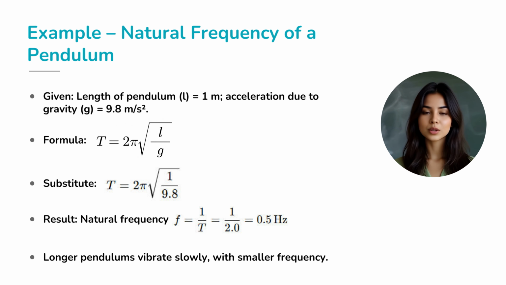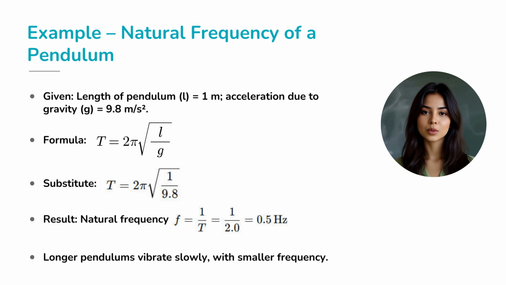Let's solve a quick example. Suppose we have a pendulum of length 1 meter and gravity is 9.8 meters per second squared. The time period T is given by 2 pi times the square root of length divided by gravity. Substituting the values, T equals 2 pi times the square root of 1 divided by 9.8, which is about 2 seconds.